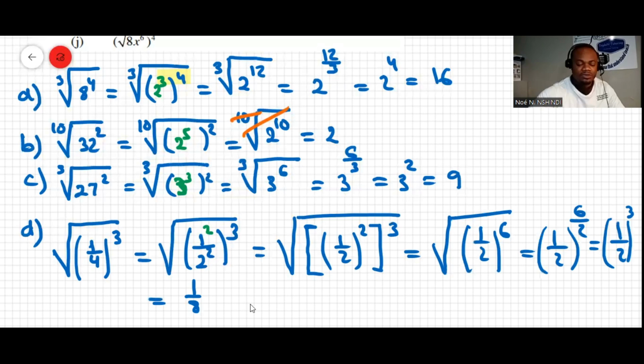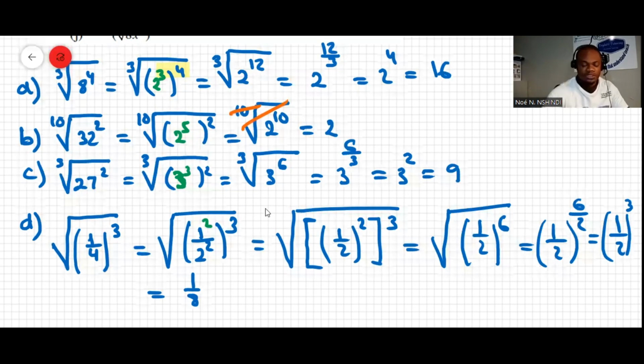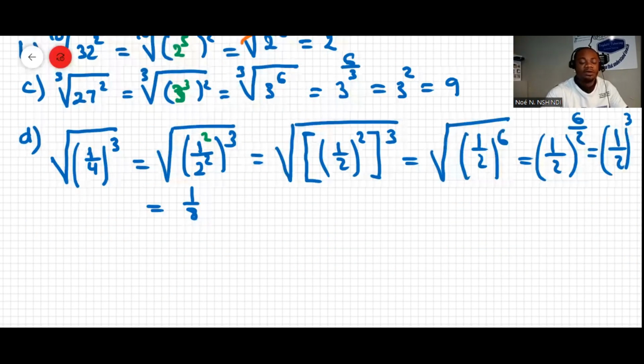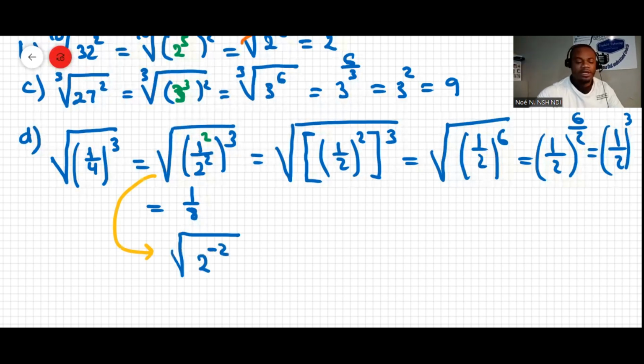Now, I need to make you notice that this can also be done this other way. We could write a square root of 2 to the negative 2, okay? When we had 1 over 2 squared there, we could write like that, and then this is raised to the power of 3, okay?